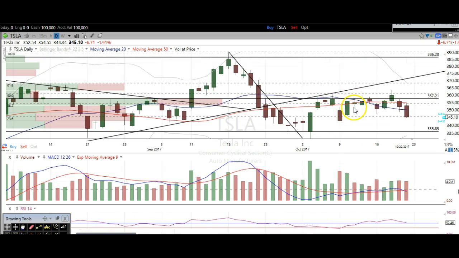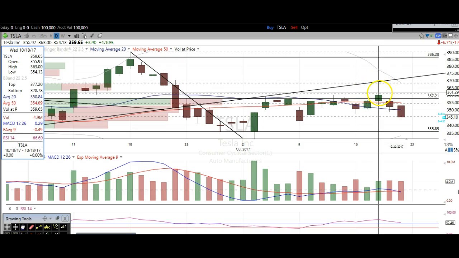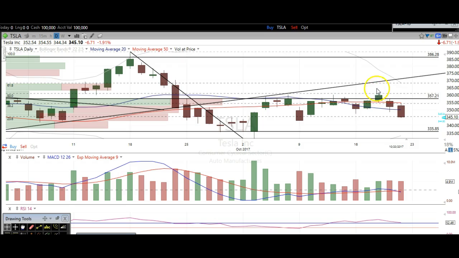And then we came up. The other reason why we thought it was going to head lower is because we came over here and we clearly broke over this resistance. You can see it was resistance there, there, here, right here, and then we broke over it on this day. This was Wednesday of last week.